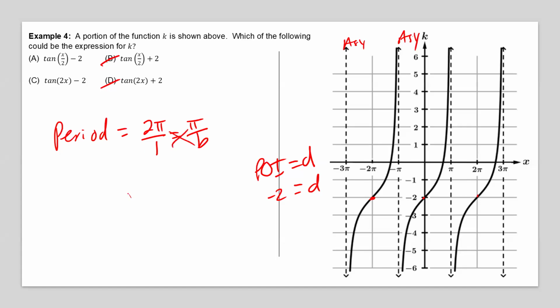Cross multiply. So we get 2 pi B equals pi. Divide by 2 pi. And therefore, B has to be 1/2, because the pi's are going to cancel out. So which one has our B as 1/2? A.